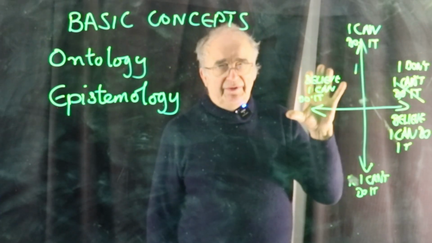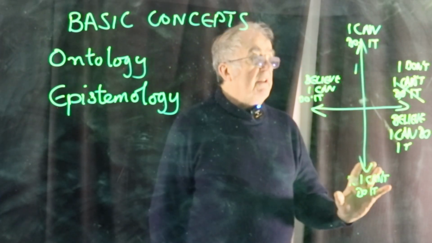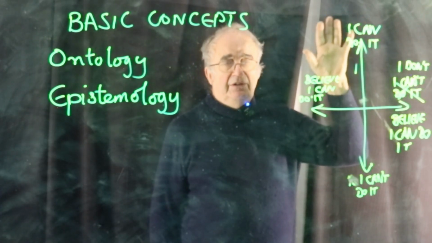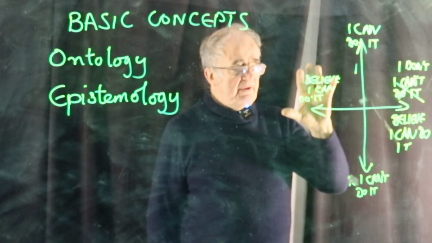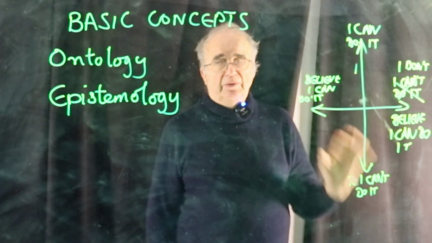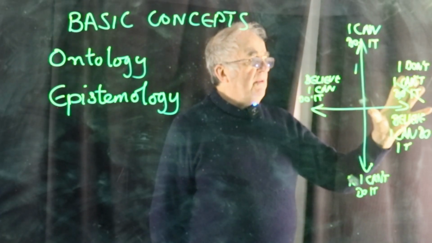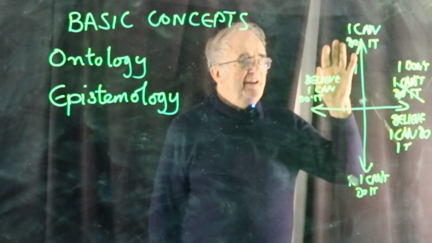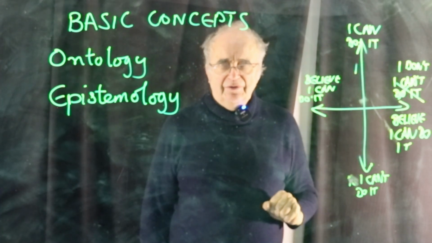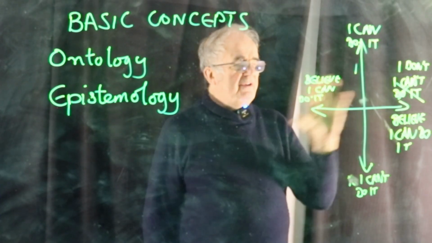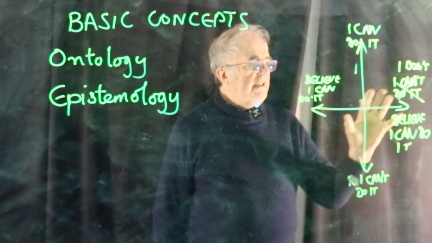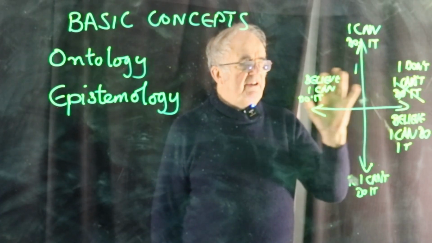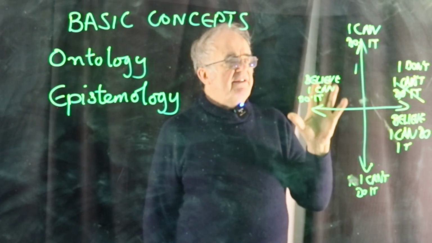There are lots of people who believe they can do things but can't do it, and there are lots of people who think they can't do things and they actually turn out to be able to do them. The people who believe they can do things and can't, we call those politicians. The people who think they can't do it but can, we call them nervous, anxious learners, stressed learners. But the two things are not directly correlated. And I think that what Bandura is saying is that the spectrum is between I can't do it and I believe I can do it. And that doesn't seem to me to be right.